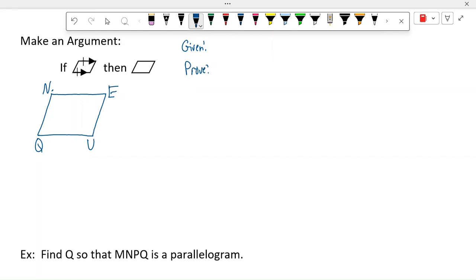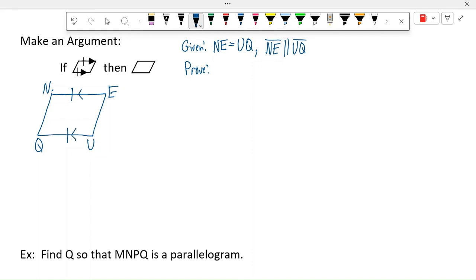What am I given in this one? Well, if I'm trying to prove this theorem, I have one pair of sides that are parallel and equal. I'm going to say, given that NE is equal to, I could say QU. I'm going to call it UQ because I can kind of see how this is going to work out with proving and so forth. So I know that these sides are equal to each other, and those same two sides are parallel to each other.